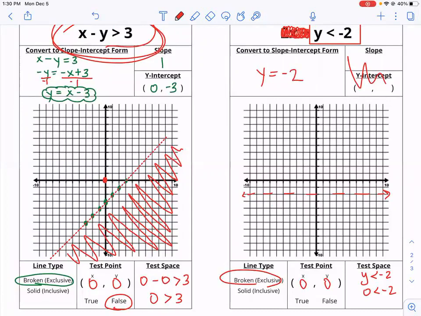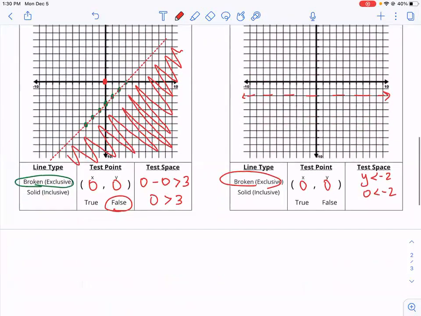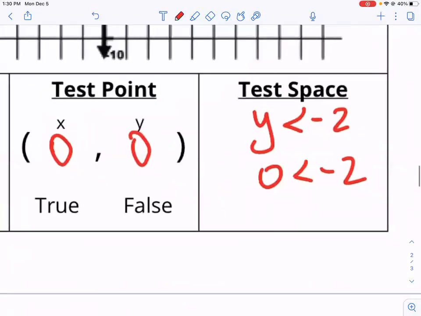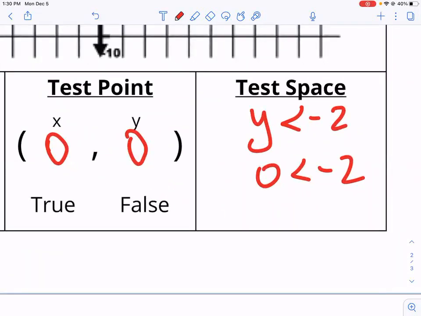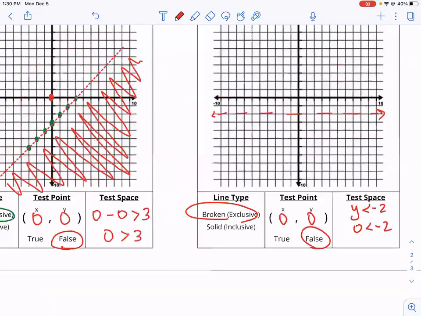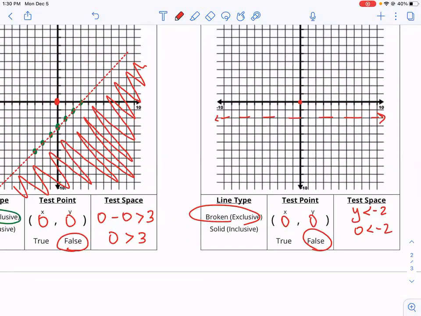No. Okay, people. It's not a big deal. Oh, no. Is 0 less than -2? No. No. So are we shading 0, 0? No.